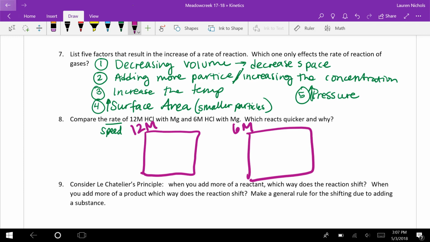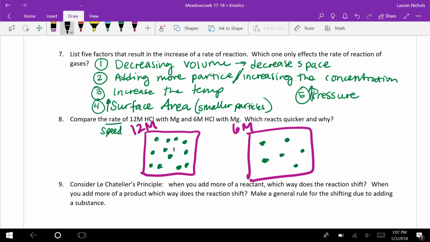If I have 12 molar HCl, so 1, 2, 3, 4, 5, 6, 7, 8, 9, 10, 11, 12. So 12 green dots. And 6 molar has 6. 1, 2, 3, 4, 5, 6.